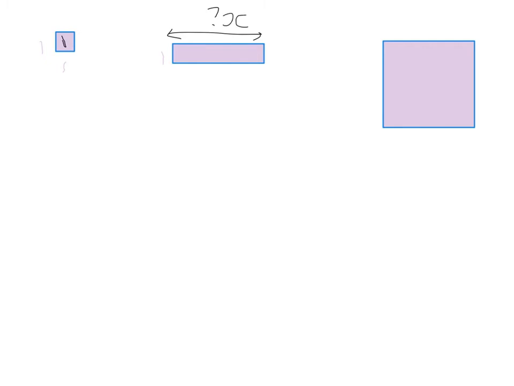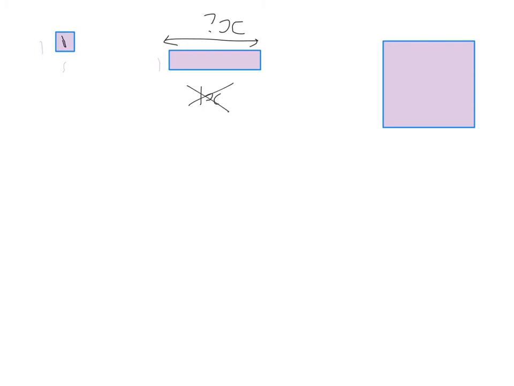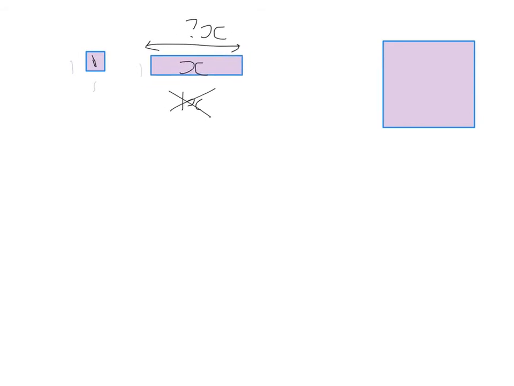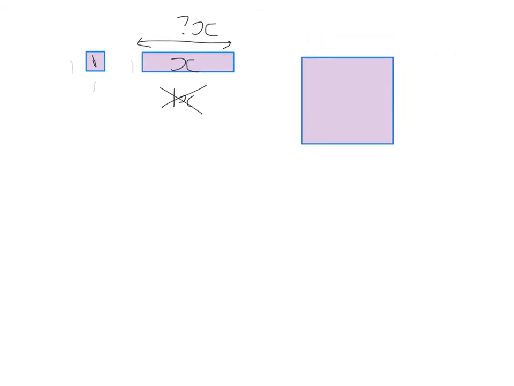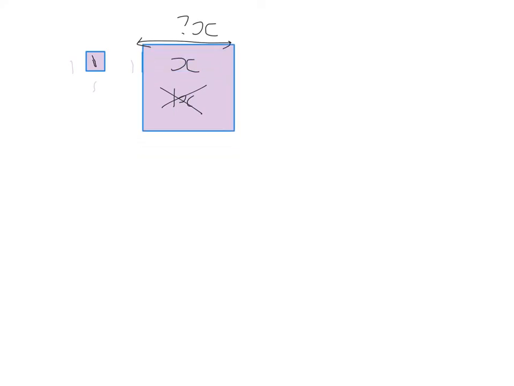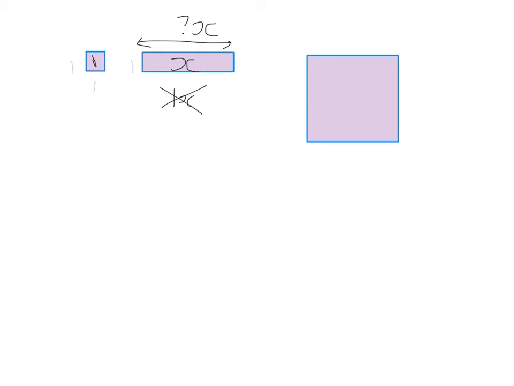Okay, so the area of this rectangle is going to be 1 multiplied by x, and hopefully you remember that instead of writing 1x, we simply write x. So the area of this is 1, this represents x, and what about this? Well, if you have a look, this is exactly the same length, which means this is also x long, and if I rotate it 90 degrees, it's exactly x there as well.